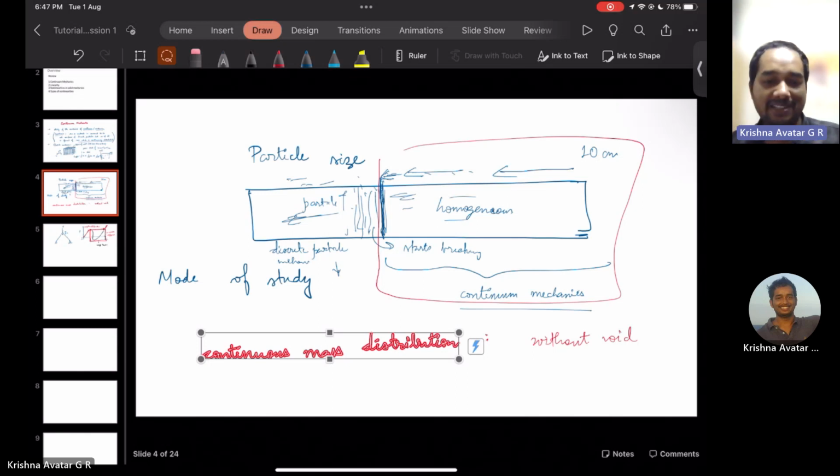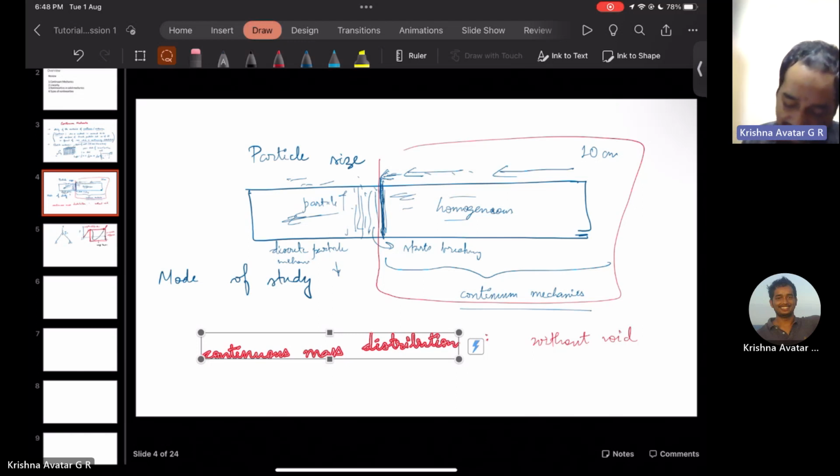Now we can use the principles of calculus, real analysis, and functional analysis, and make our analysis very robust and predictable. That's the best part, that we are able to use all the well-developed mathematical tools to analyze.